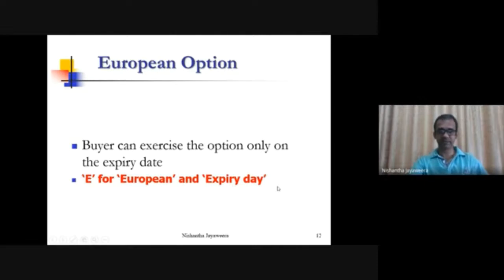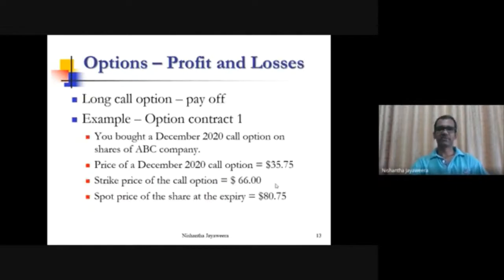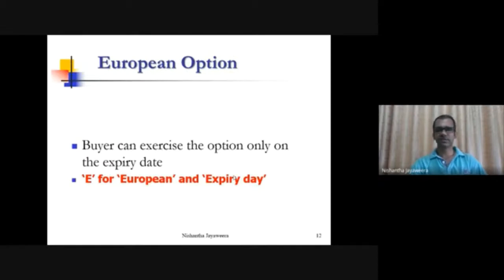And I told you, always think or remember options from the buyer's point of view. Then the opposite is true for the seller of the option contract. So those are the things that we discuss. Any question? Is it clear?